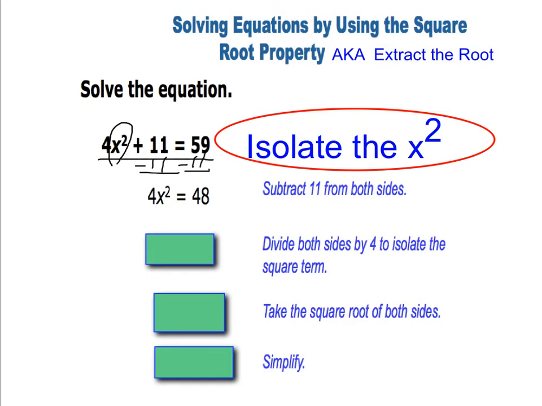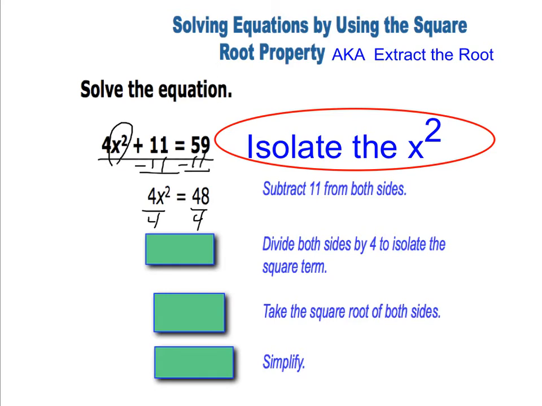Now, is the x squared isolated? Well, no, it isn't. I still have that 4. How do I get rid of that 4 in front? Well, what's the opposite of multiplying by 4? Dividing, yes. So we're going to divide both sides by 4.